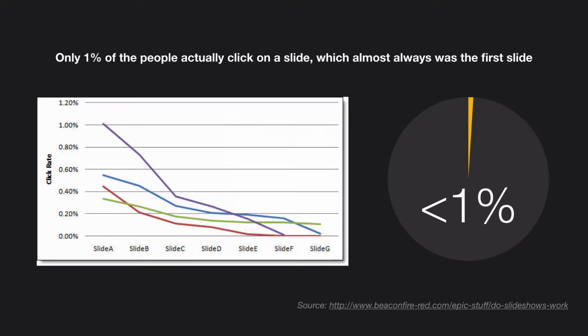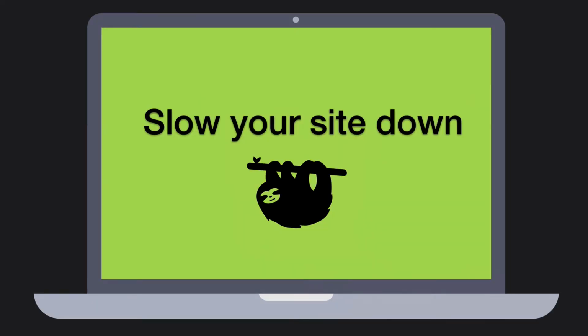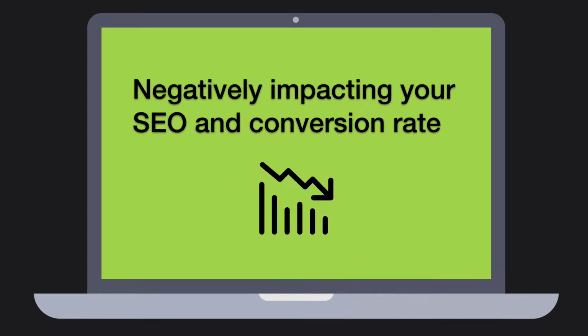Only 1% of the people actually click on the slide, which almost always was the first slide. People look at only the first or second slides, and the rest of the slides they don't really care about. They can just scroll down the homepage. And also it slows down your site. And it's not really good for SEO and conversion rate.